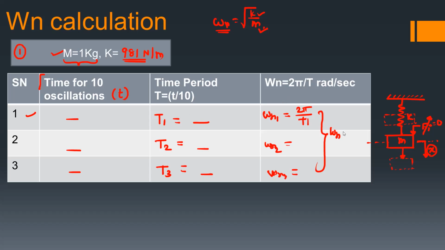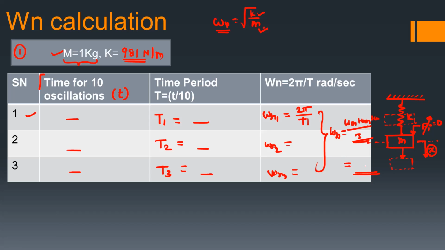This is the omega n, equal to omega n1 plus omega n2 plus omega n3, upon 3. So this is the final value for the natural frequency, and this is the experimental procedure to find it.